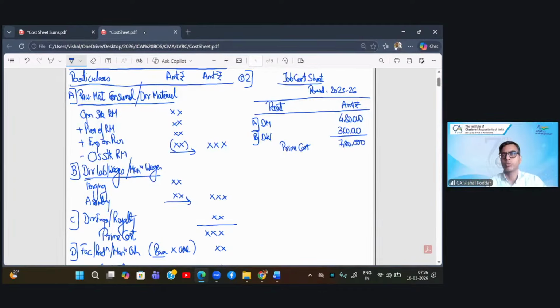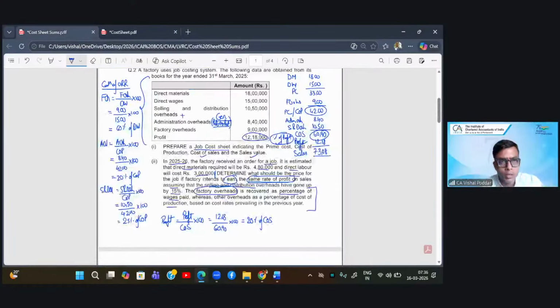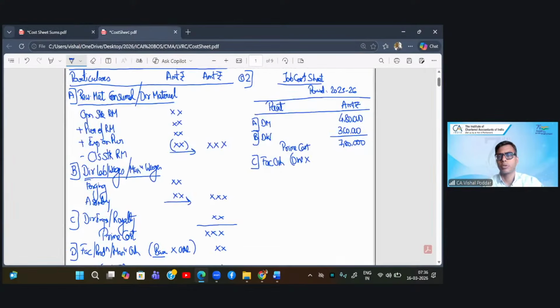Fellow students, those who have got the answers, the sale price of this job, may start posting. Now I have factory overheads. How am I supposed to charge? Direct wages in the ORR, which was 60%. So into 60%.